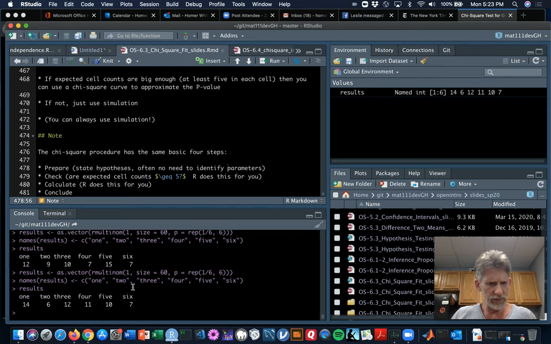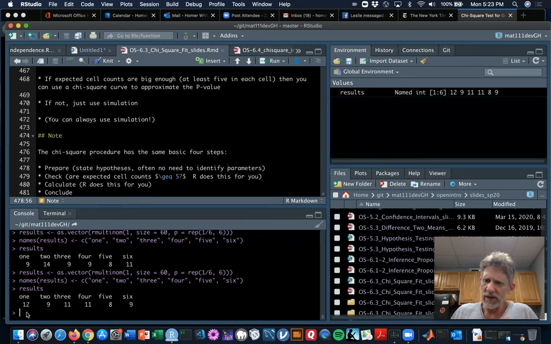And so, we've tried it a few times. Most of the time we are fairly close to the 10s for all 6 faces. But a couple of times we got really far away on one of the faces.